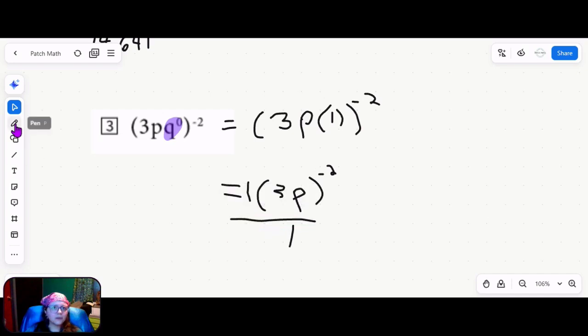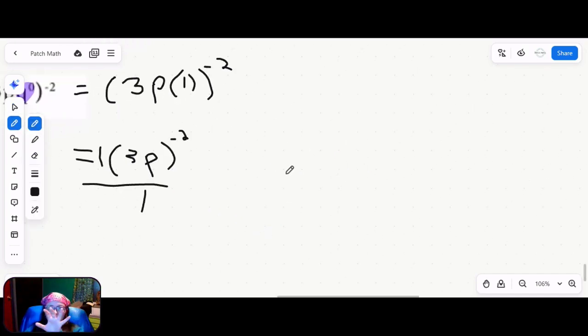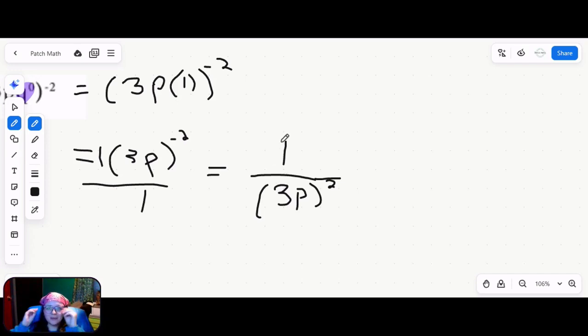Looking here, everything in parentheses is raised to that negative exponent. That negative exponent says, hey, I'm in the wrong part of the fraction. Move my entire base to the other part of the fraction and make my exponent positive, and you are done. Now that's where the invisible one in the numerator becomes important, because when we move that down, we need something as a placeholder there, and it's 1.